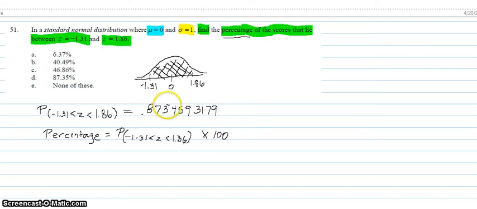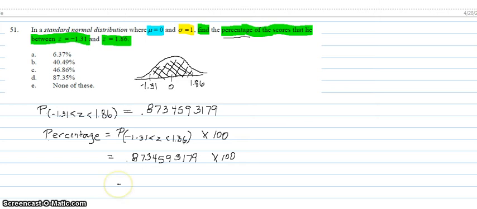So we found our answer up here. That's what our P was. So that will equal 0.8734593179 times 100. We can use the calculator, or we all know that if we move our decimal point 2 places, that's what we're going to end up with for a percentage because we're multiplying by 100.